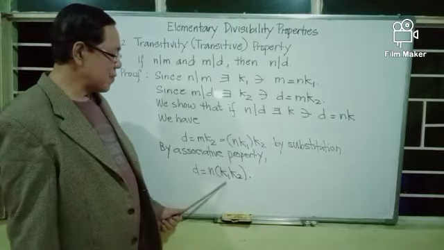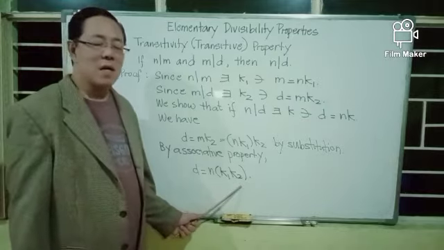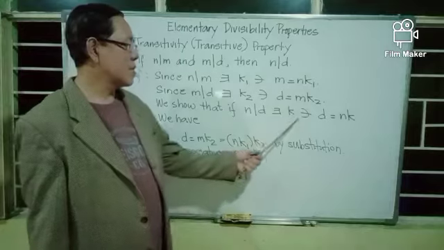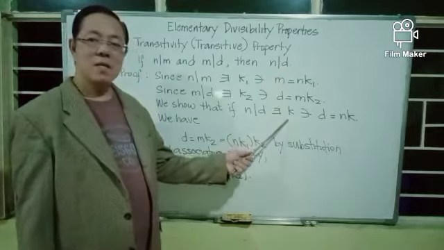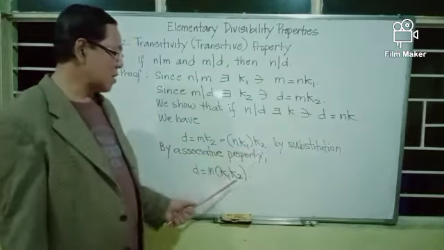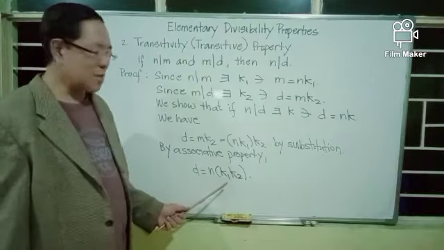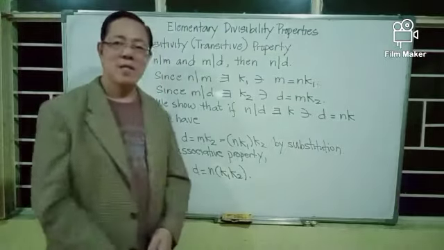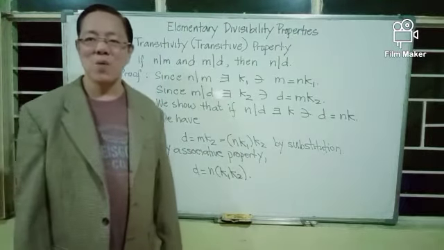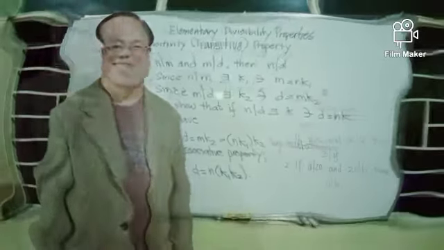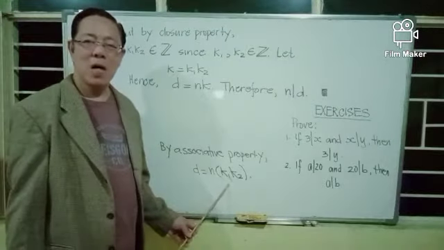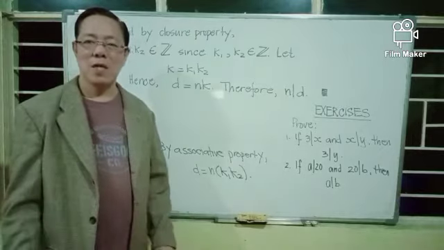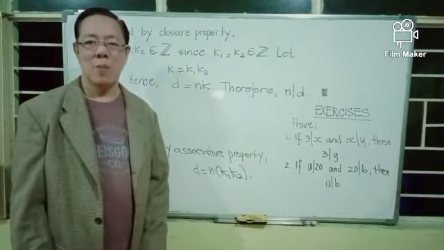So if k1 times k2 is another integer, we will denote that integer by k. The integer k is the product of the integers k1 and k2, and that's by closure property of multiplication. Again, because k1 and k2 are integers, the product of k1 and k2 is another integer by closure property.